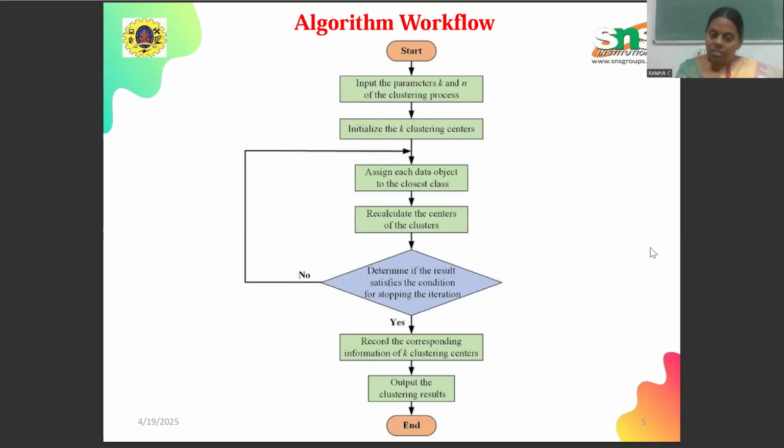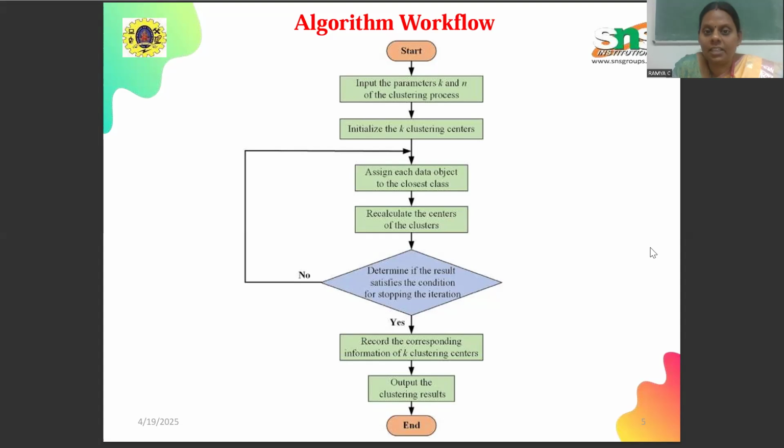If it is yes, go to the next step. If not, go back to assigning each data point to the closest class. Again follow the fourth step, recalculate the centers of the clusters. Again we check the stopping condition. If it is satisfied, we proceed to record the corresponding information of the clustering centers. Then we display the output of the clustering results, which ends the process.